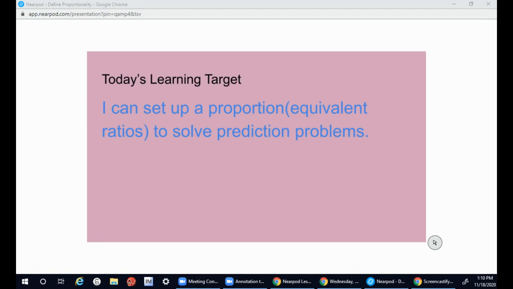I really want my pen because I want y'all to write, I can set up. We are not doing any solving today. It is solely, can I set up this proportion, which we know now means equivalent ratios, to solve prediction problems. Let's look at what that looks like and then talk about the why behind it.